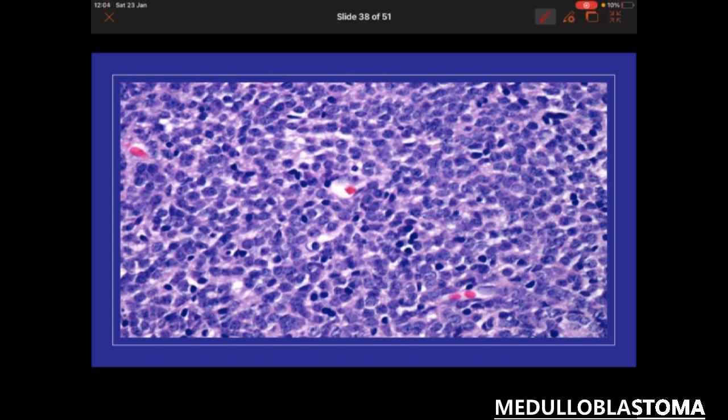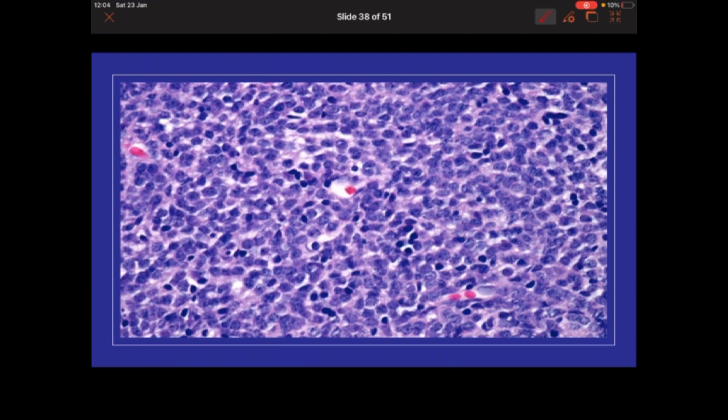Let's go to the embryonal tumor, and I will share with you the common embryonal tumor, which is medulloblastoma. It commonly grows in the cerebellar parenchyma, or sometimes into the fourth ventricle. It commonly occurs in children.